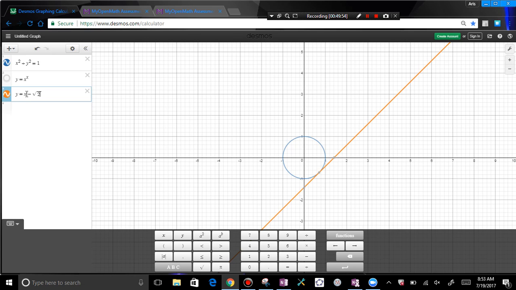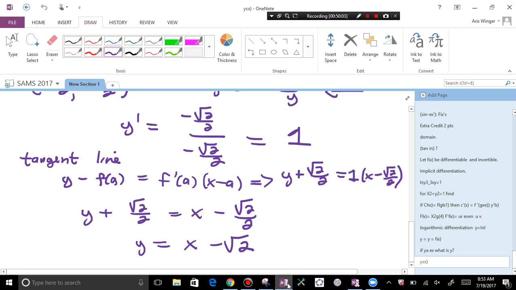Like for the test, is it fine if you write y equals minus square root 2 over 2 minus square root 2 over 2, this here? Yeah, that's great. And then add the square root 2 over 2.